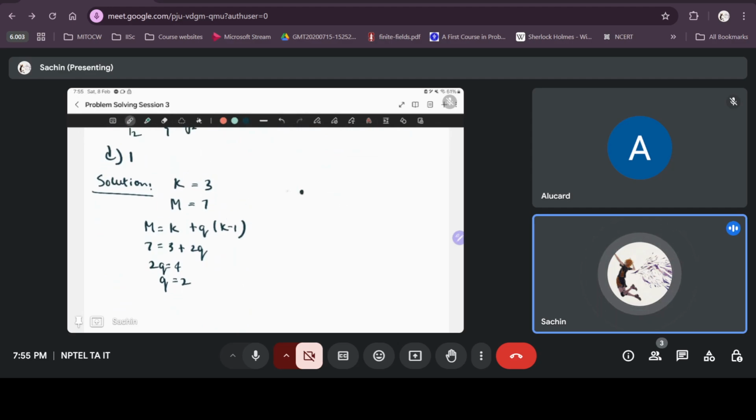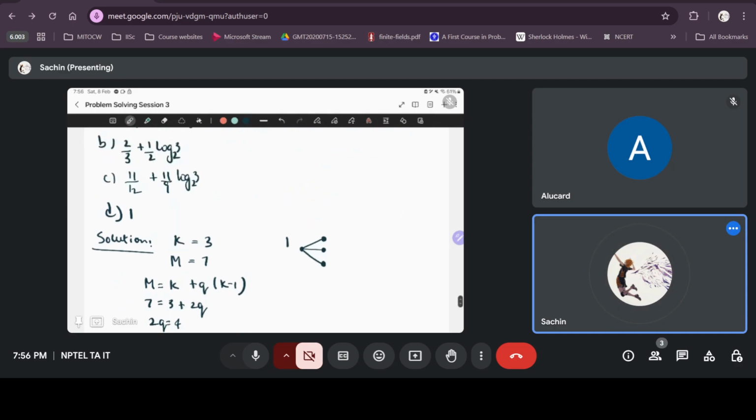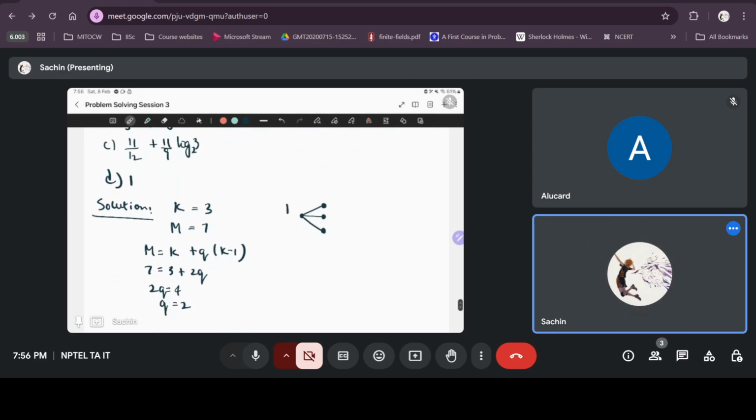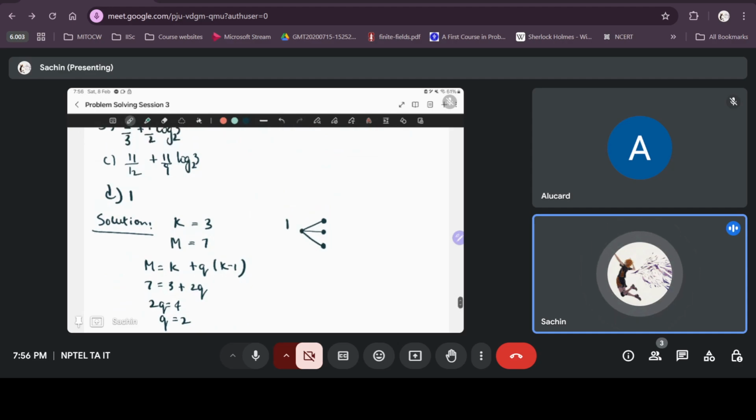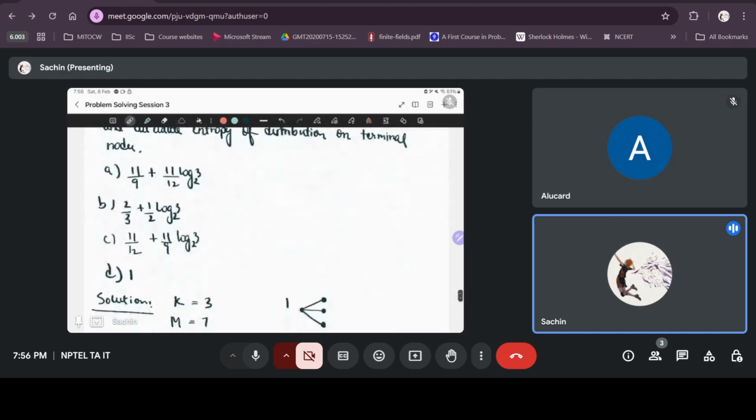Initially, you have one leaf, or root, with probability 1. Then you extend this into 3 leaves because it's a ternary source. Each of them corresponds to a message with probabilities.